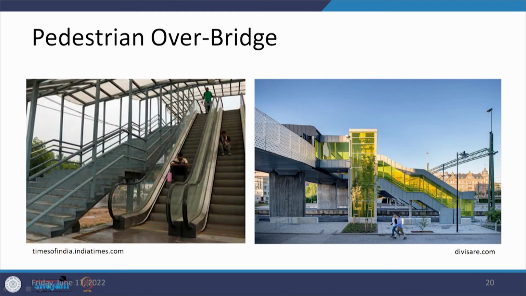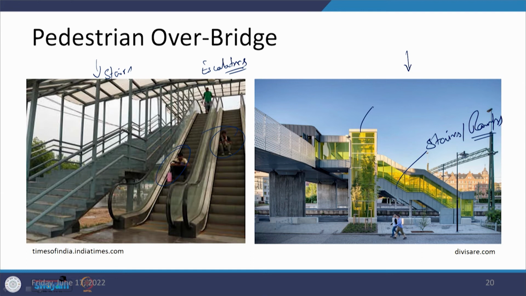Now, you can see here that there are stairs being provided and there are escalators also being provided to come down or go up. This is one combination being utilized here, but at the moment it looks like maybe it is not working, so people are just sitting there. In this case, the stairs or ramps are being provided on that side.